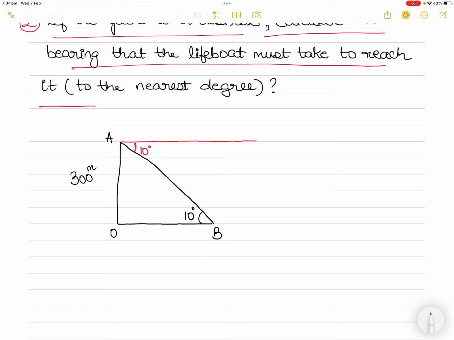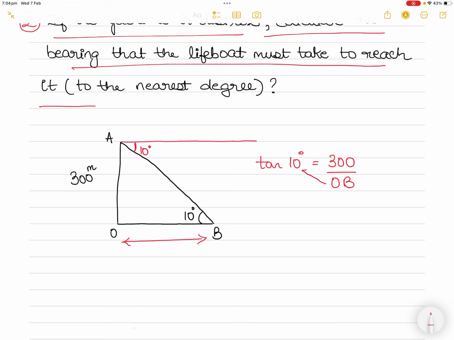Anyhow, let's find the distance OB, because this is the distance of the lifeboat from the cliff. So how can we do that? We can just apply the principles of trigonometry which we have learned earlier. So we have tan of 10 degrees which is equal to the opposite upon the base. Opposite of 10 degrees is 300 and base is of course OB, the one that you have to find out.